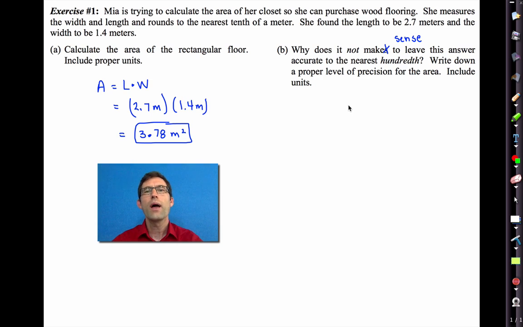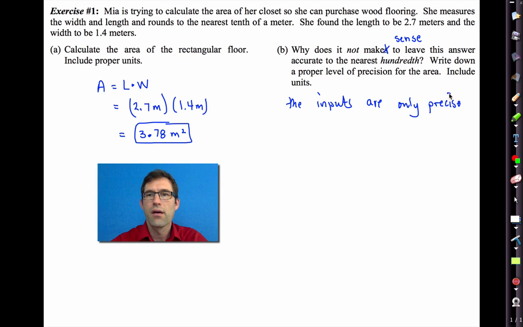All right. Well, here's why. The inputs are only precise to the nearest tenth.